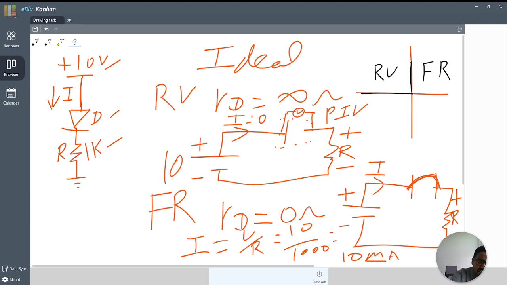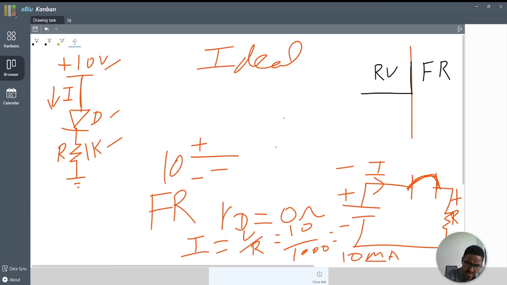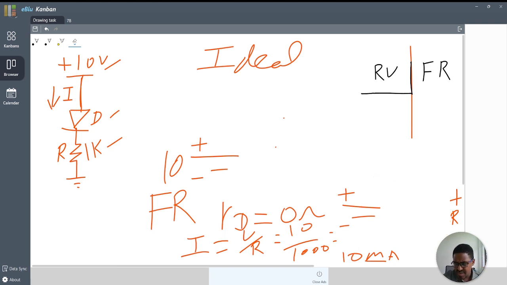What about the practical diode? Let's see the practical diode. Our diode may be a silicon diode or a germanium diode.